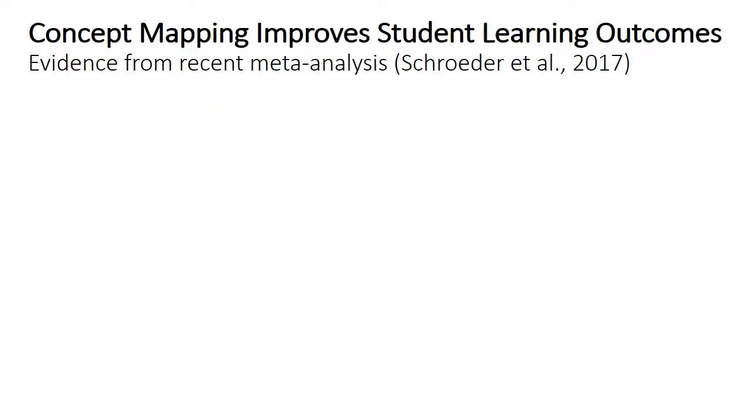So we've discussed what concept mapping is and how it relates to other learning strategies that you might already be familiar with. But what is the evidence, right? What is the evidence that concept mapping actually works, and does it work better than other learning strategies? Now, we are going to present some evidence from a recent meta-analysis.